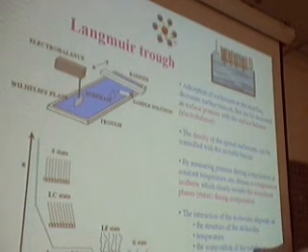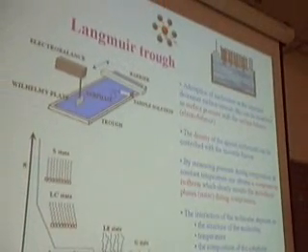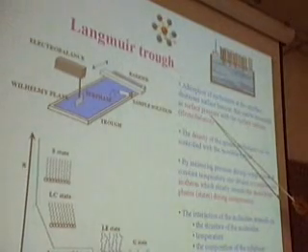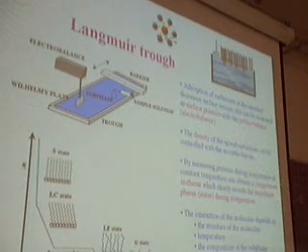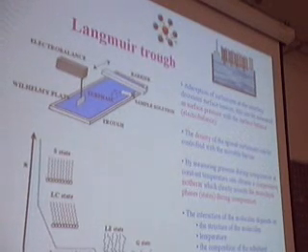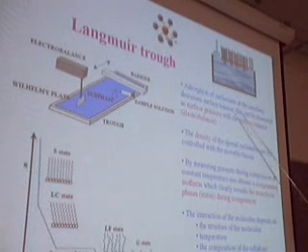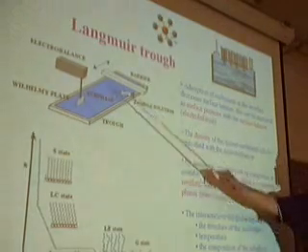We have very few molecules per unit area, so we talk about a gaseous-like state. What we can measure is a surface pressure, the difference between the initial surface tension and the one after introduction of these molecules, because the introduction of these molecules decreases the surface tension. That is measured by the electrobalance that is visible there.